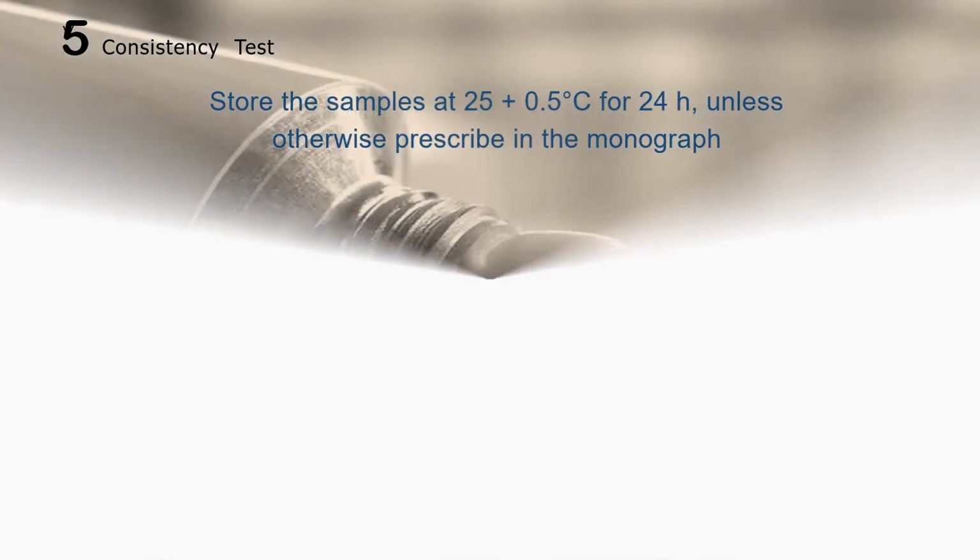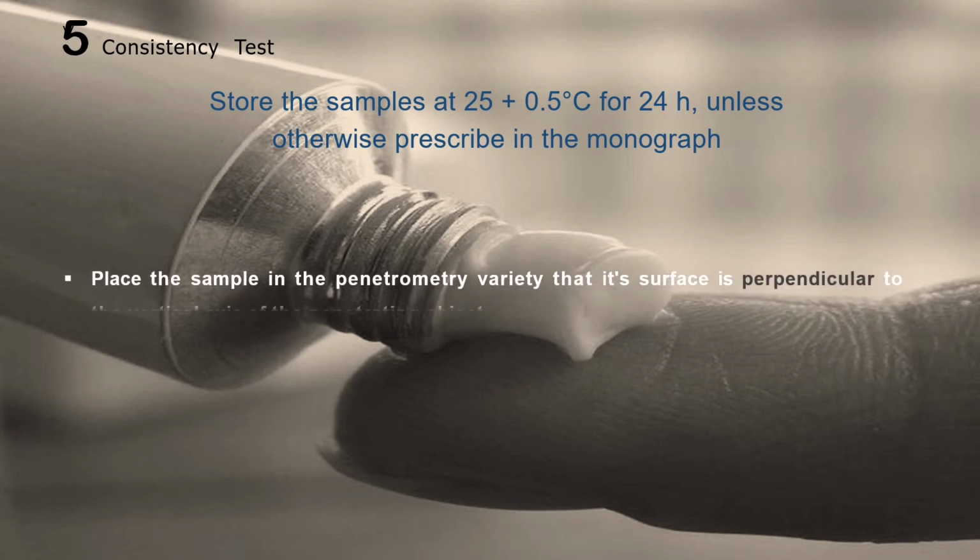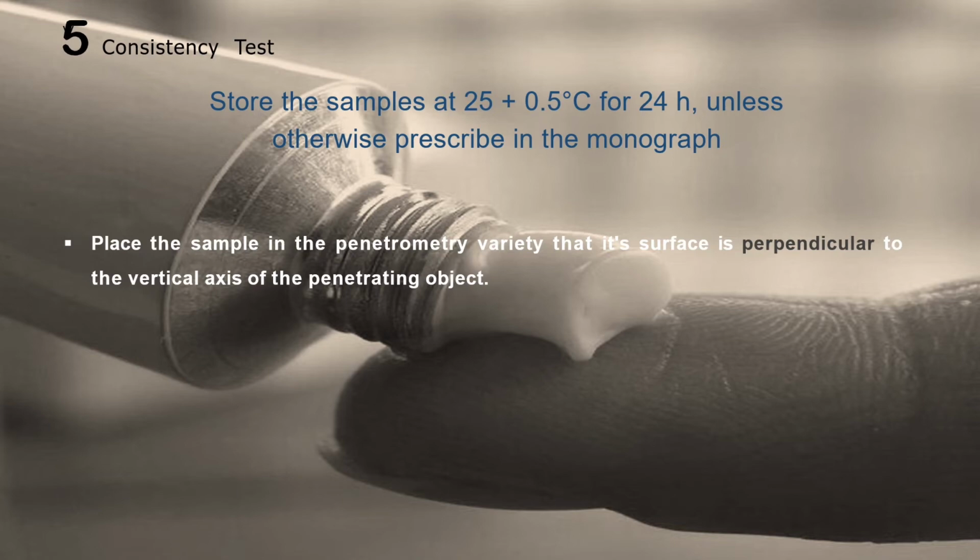Store the sample at 25 plus or minus 0.5 degrees Celsius for 24 hours unless otherwise prescribed in the monograph. Place the sample in the penetrometer so that its surface is perpendicular to the vertical axis of the penetrating object.